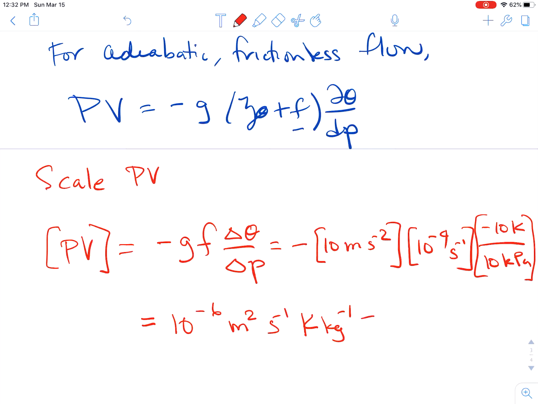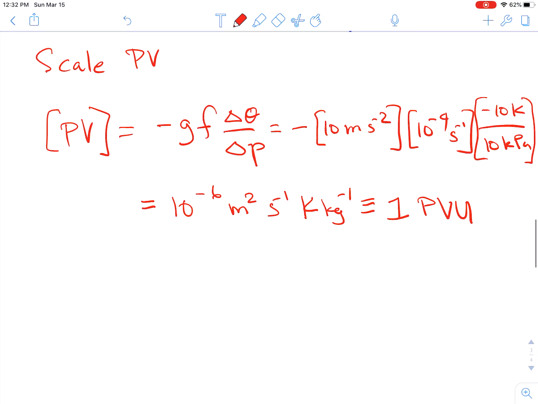And so what we do is we define this as a new unit. We define this as 1 PVU, or 1 potential vorticity unit. Doing so allows us to determine what types of PV values are common in different parts of the atmosphere. And so in general, what we find is if we have values less than 1.6 PVU, that means we're in the troposphere.